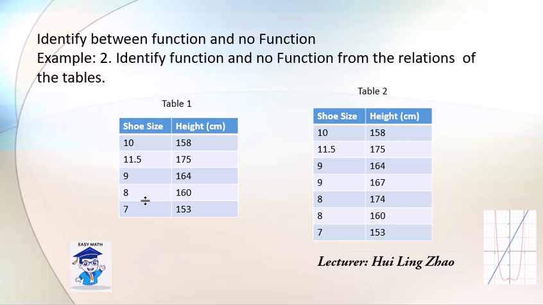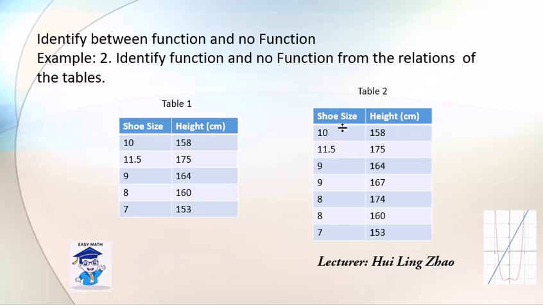And next, for example 2, identify function and non-function from the relations of the table. In table 1, the first column is shoe size: 10, 11.5, 9, 8, 7, and the height in cm is 158, 175, 164, 160, 153.